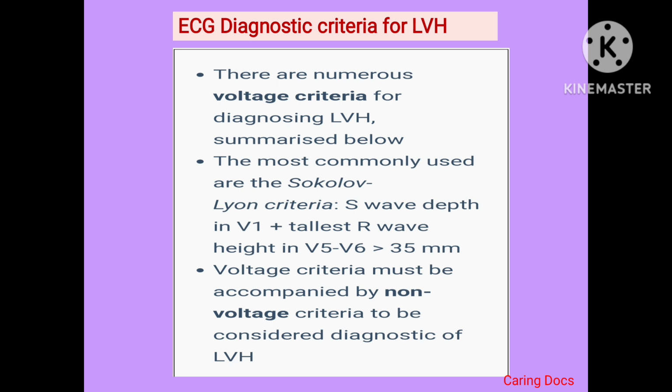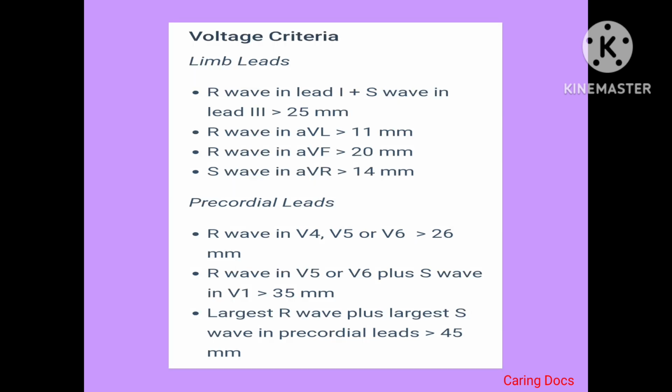But this voltage criteria must be accompanied by a non-voltage criteria for considering as a diagnosis of left ventricular hypertrophy. Various other voltage criteria we can find in the limb leads and the precordial leads.